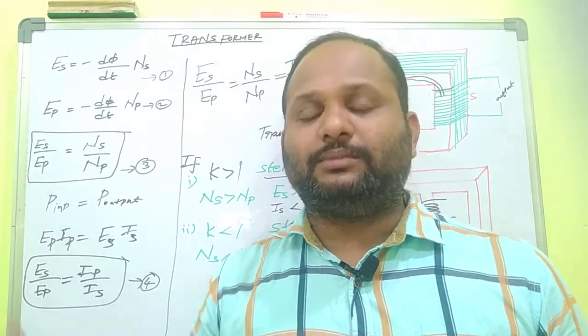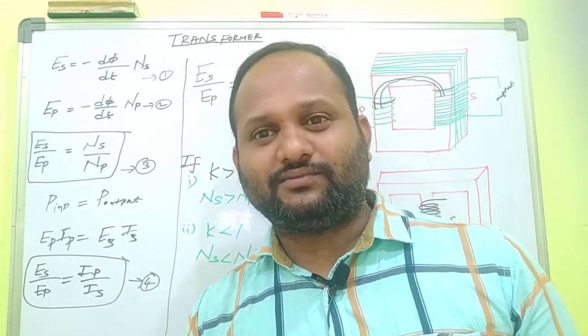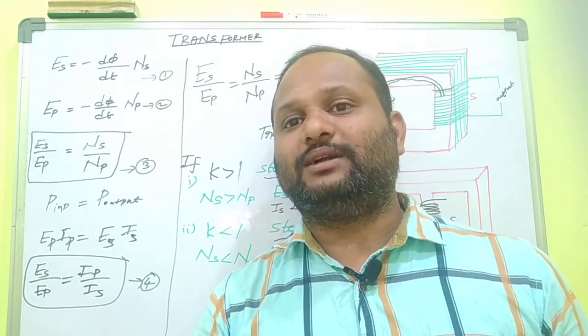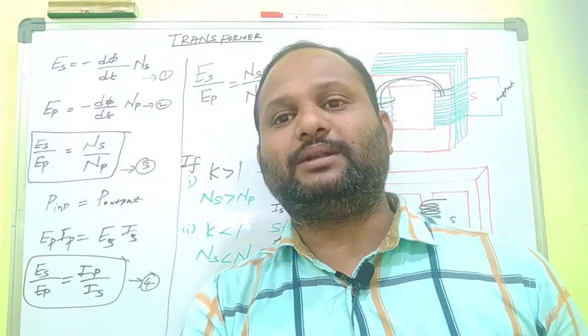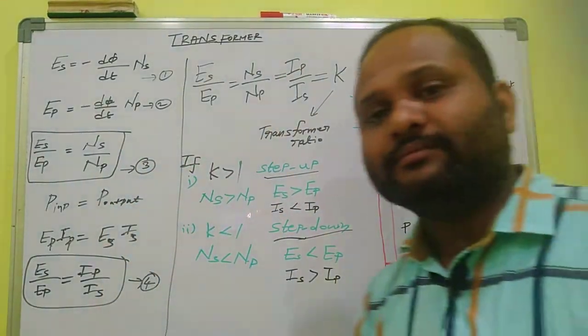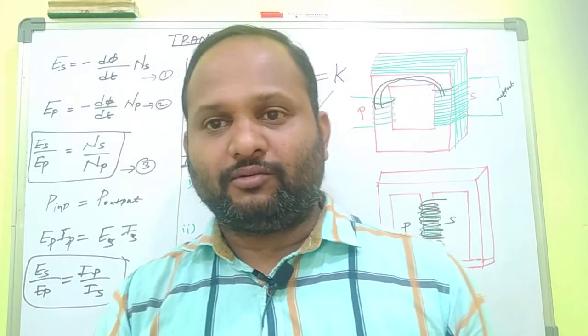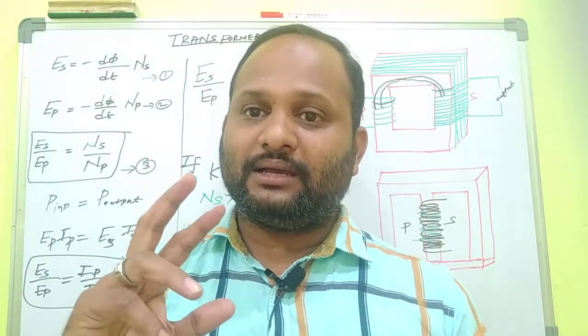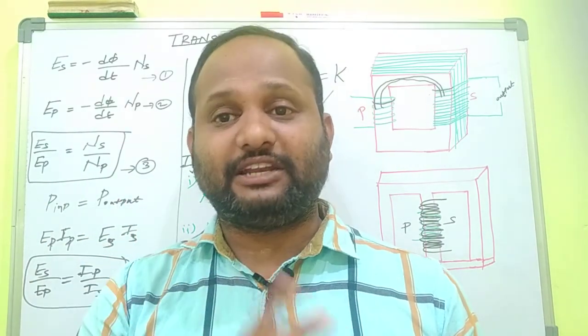This is about the transformer. So in this class we discussed what a transformer is, what the basic principle of a transformer is, what the description of a transformer is, how the transformer works, and why there is a difference between primary and secondary windings.